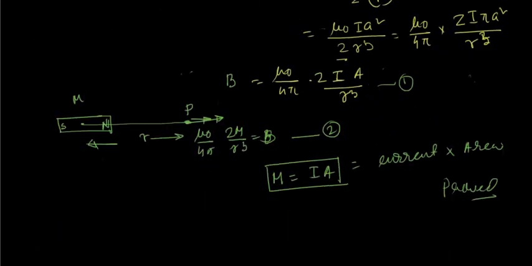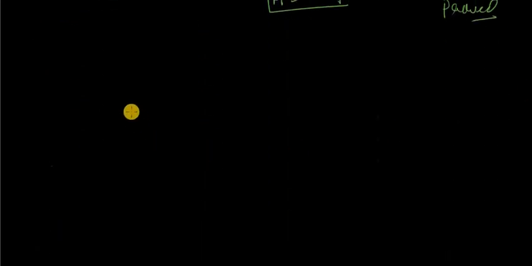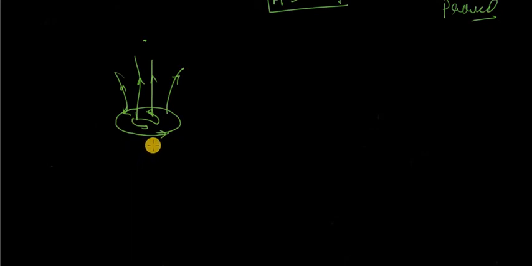If you draw clearly, this is your coil carrying current. Viewed from the upside it is anti-clockwise, that means this is the north pole, so the lines of force come out from here. The downside would be the south pole, and the lines of force enter into the south pole.